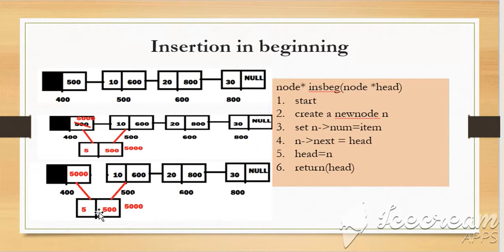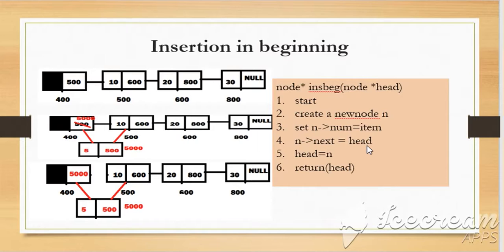So let us move on to the algorithm. In the algorithm, first of all, we have to create a new node n, and then we are inserting the information in the new node as set n dot num equal to item. And for insertion at the beginning, what we have to do is new node dot next equal to head.